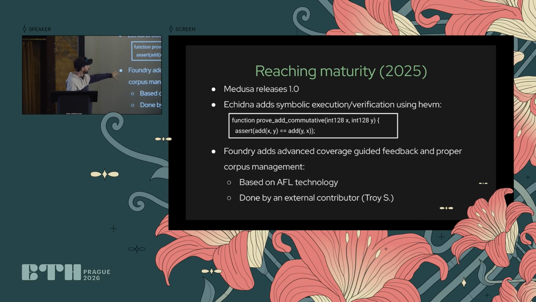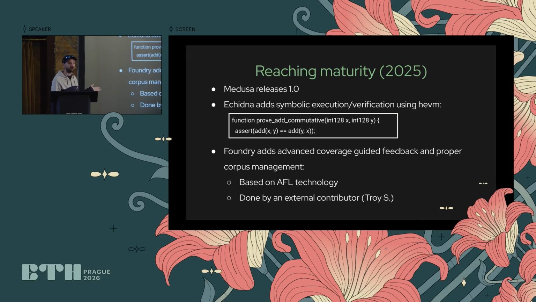And Foundry adds a proper coverage guided fuzzer with actual corpus management, so you can save the corpus, reload the corpus. This is something that the rest of the fuzzers had, and this was based on AFL technology. It was made by an external contributor, Troy Sargent.